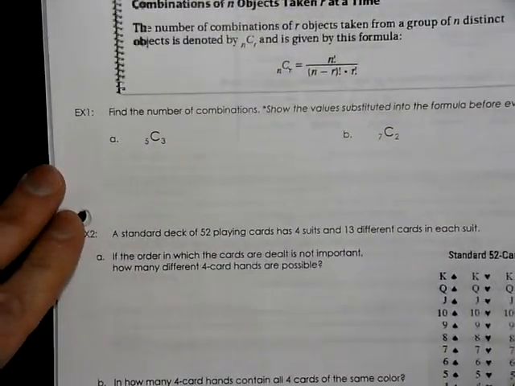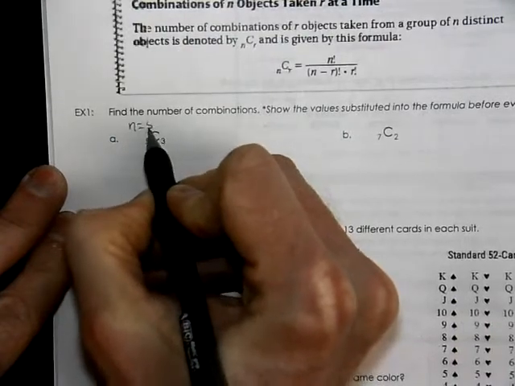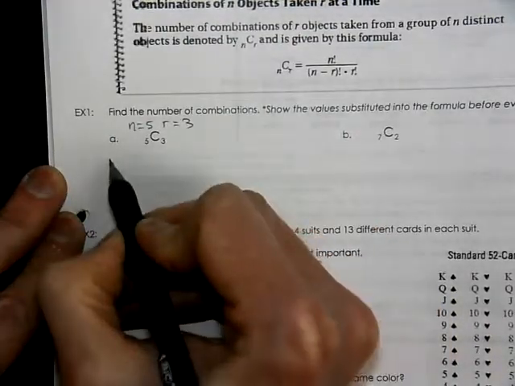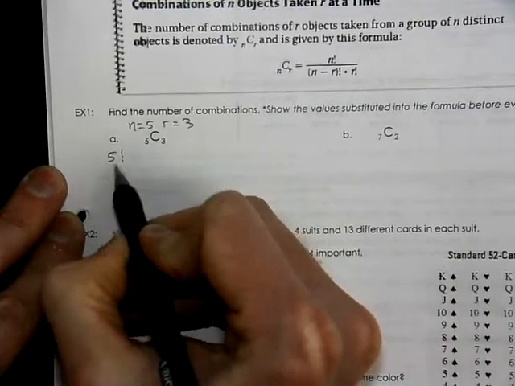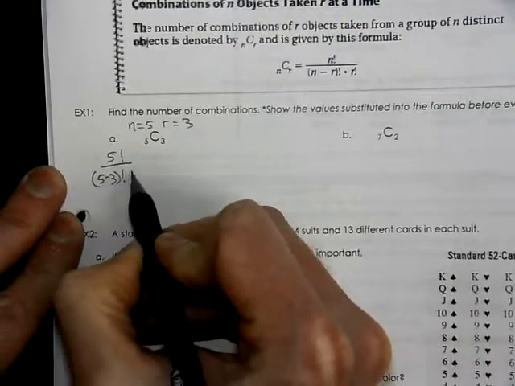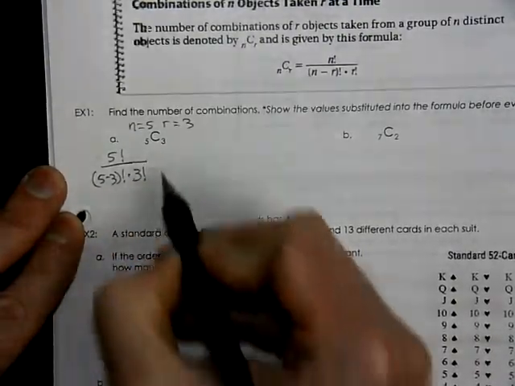So we'll try it here. We see that the N value equals 5, the R value equals 3. So we're going to say 5 factorial over 5 minus 3 factorial times 3 factorial.